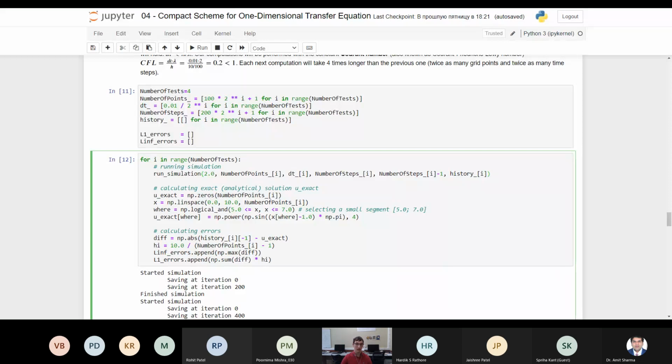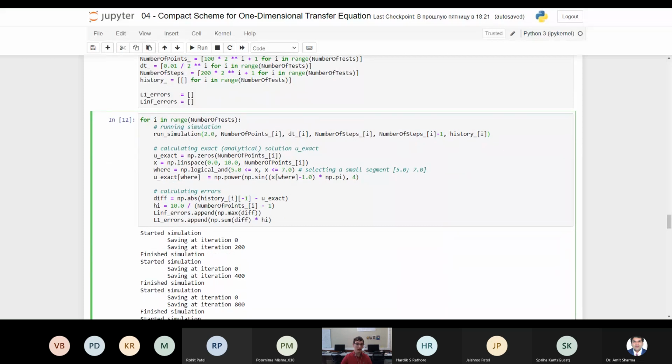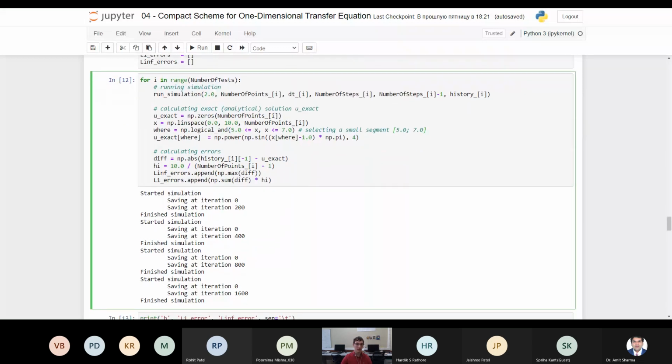Then we calculate the exact analytical solution, which is the same impulse that was set in the initial condition, just on a different line segment to the right from the initial segment. And finally, we can calculate errors.